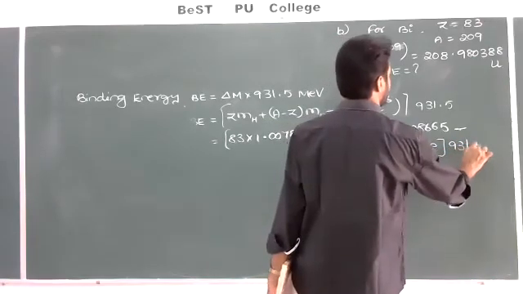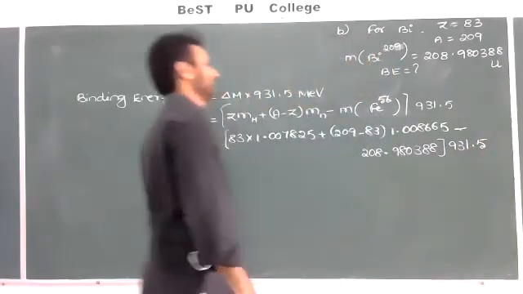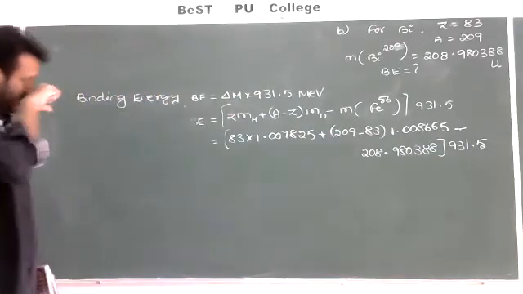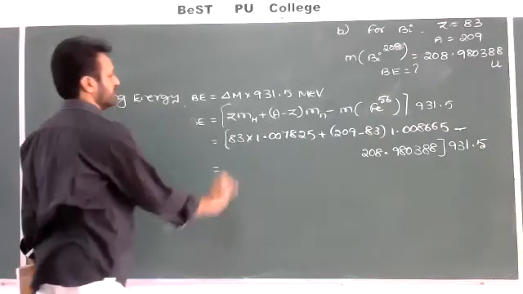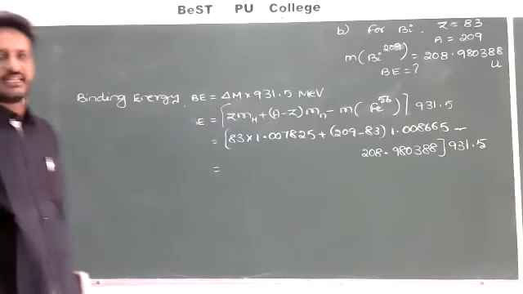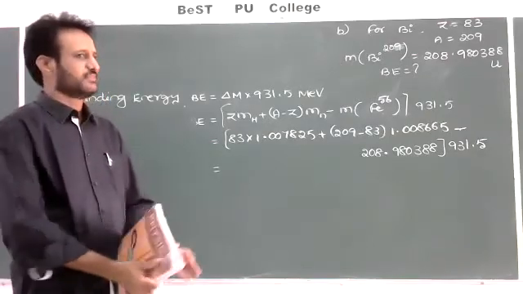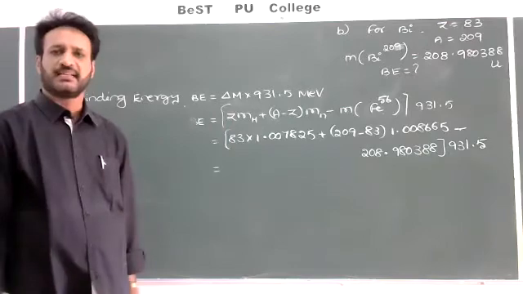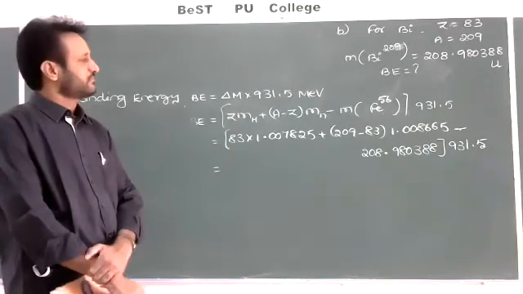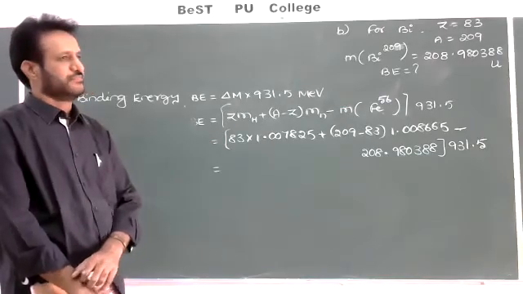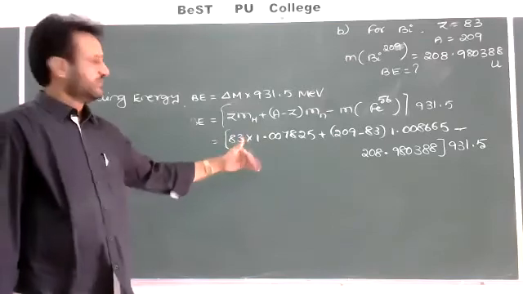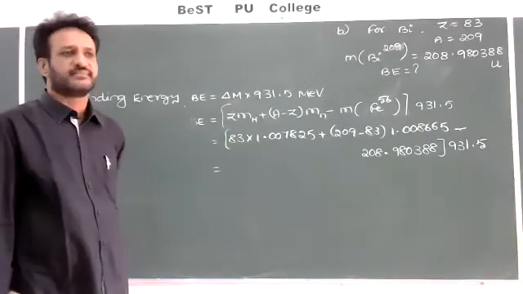Into 931.5. Okay, substitute and calculate the values later, step by step. Note down the data, the formula, and the substitution up to here, and calculate later.